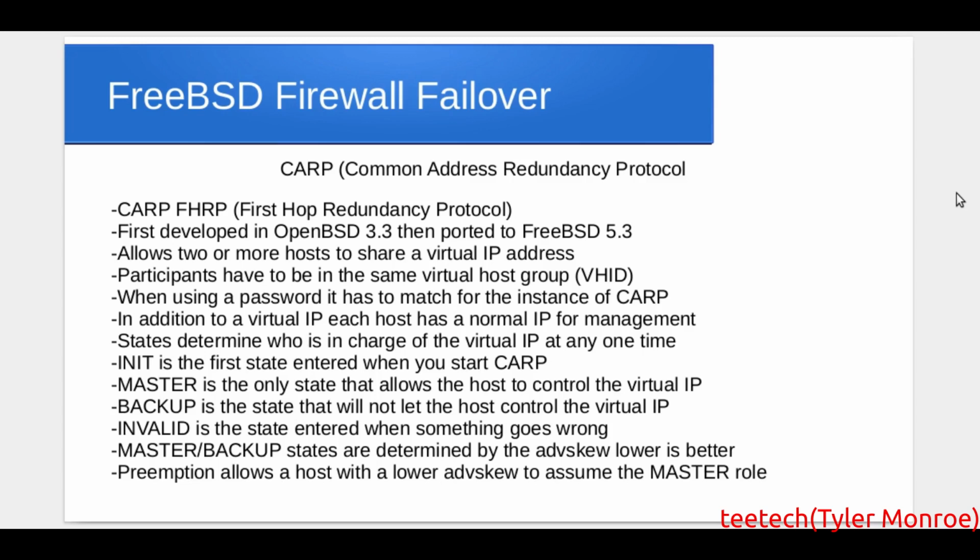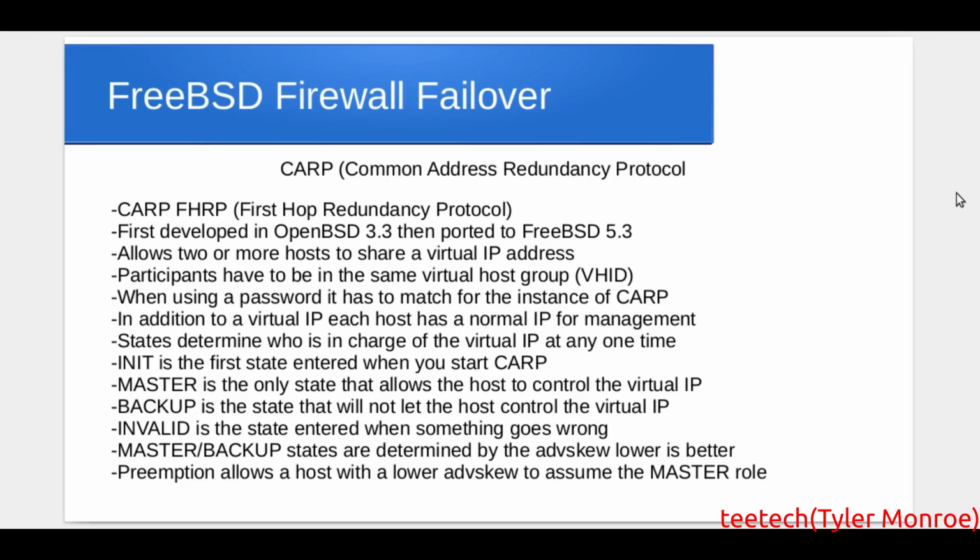All right? Now, this protocol was first developed in OpenBSD 3.3, but later they ported it to FreeBSD 5.3, okay? So OpenBSD and FreeBSD exchanged code, and then FreeBSD changed it a little bit to work on their system.